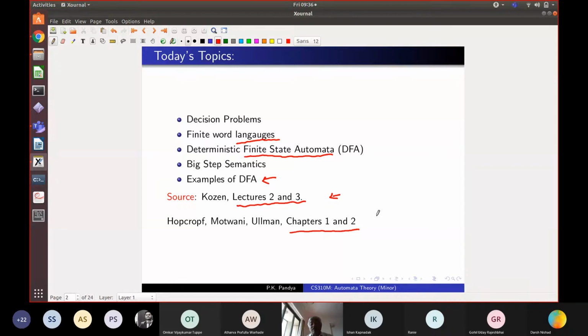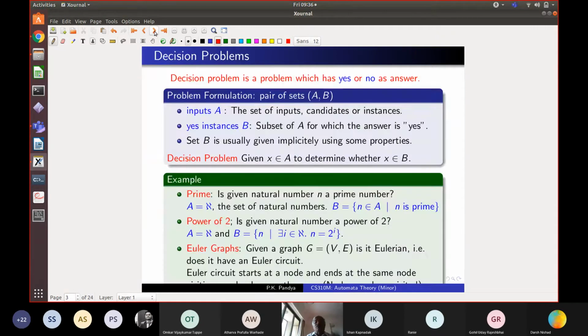Both these chapters contain more than what we are going to do. Especially there are some parts which deal with how to write proofs in mathematics, and that we will tackle in future as we need. So we are not doing the proofs, but we are doing the rest of the material.